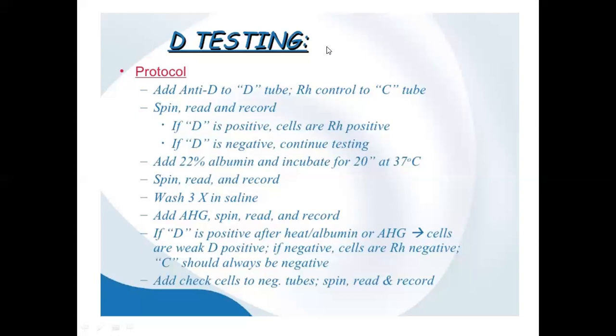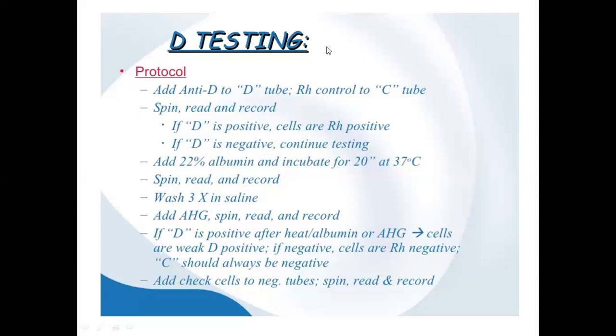Pero if after adding the check cells, there would be no agglutination, then you have to repeat the procedure because your test now is invalid. Why is it so? Bakit hindi nag-agglutinate? Kung talagang negative yung result niya, supposed to be the AHG would be free in the test mixture. Pero walang agglutination.